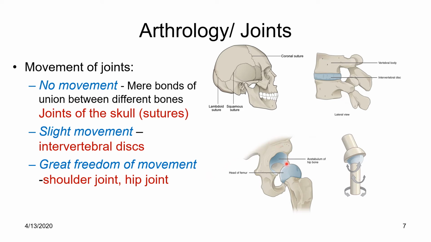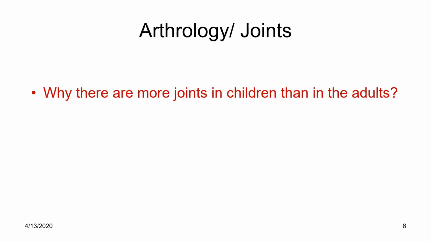The examples are the shoulder joint and the hip joint. And if you see the number of joints, they are more in children than in adults. Why are there more joints in children than in adults?